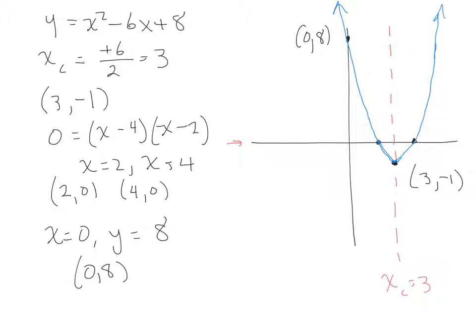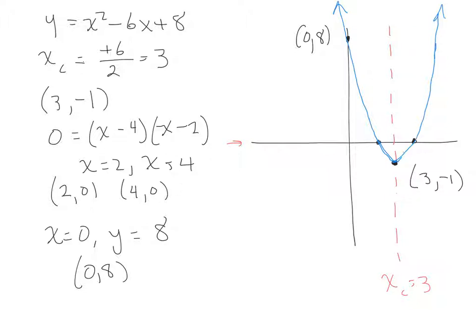So once again, using the center line, the two roots, if they exist, and the y-intercept allows us to do this. If it doesn't intersect the x-axis and you can't find any roots, in other words, when the discriminant is negative, then a lot of times you just want to do some input-output, but you can certainly find the center line using the opposite of b over 2a every single time.